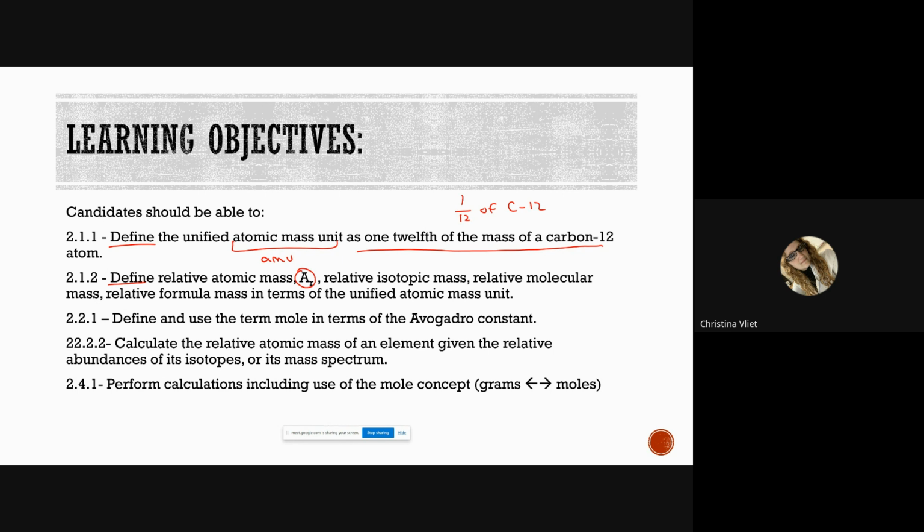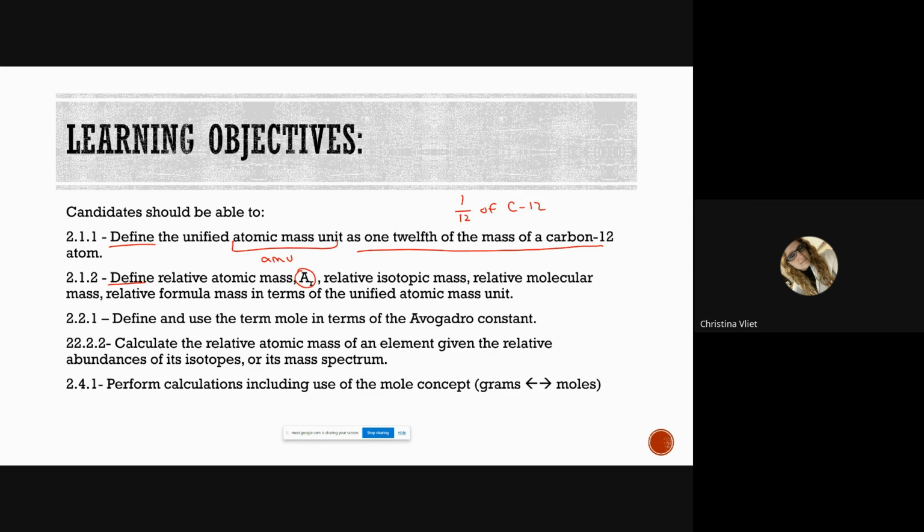That's an average of all the zirconiums I have on planet Earth, 91.2 AMU. If I have a mole of zirconium on planet Earth, it would be 91.2 what units? Grams. Because it would then be defined as the molar mass at that point.